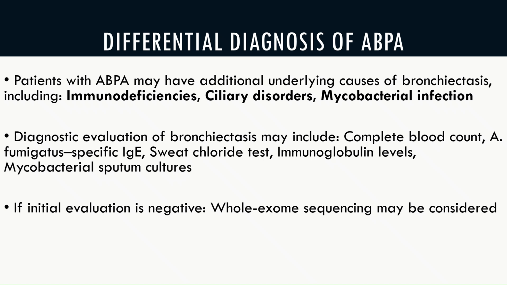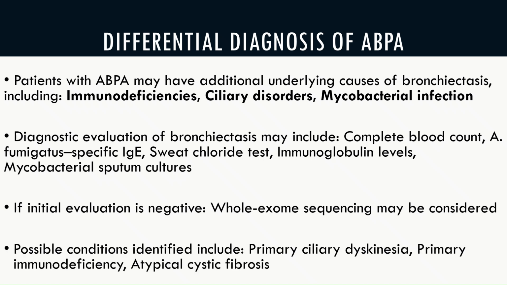If the initial evaluation is negative, whole exome sequencing may be performed to identify conditions such as primary ciliary dyskinesia, primary immunodeficiency, or atypical cystic fibrosis, particularly in patients who have extensive bronchitis and recurrent infections since childhood.